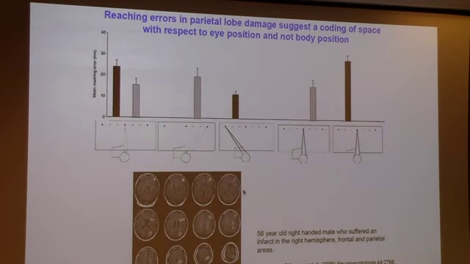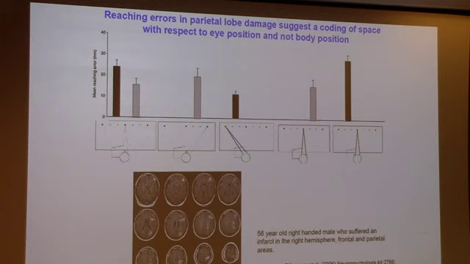So here is an experiment about the reaching errors. This experiment is to tell you how our brain encodes the fixation and the target, either relative to your fixation point or to your body position.